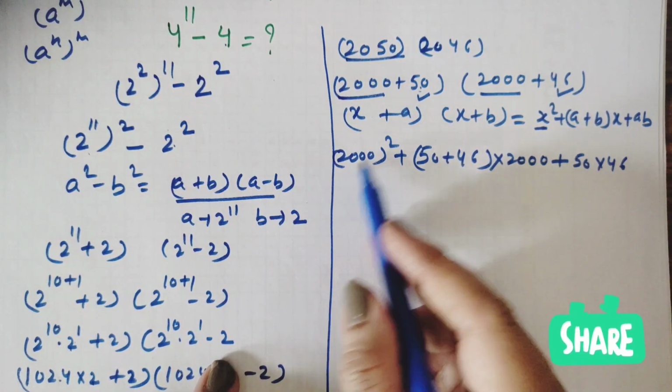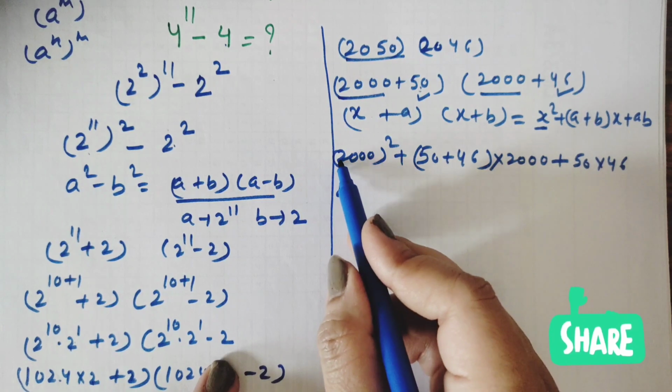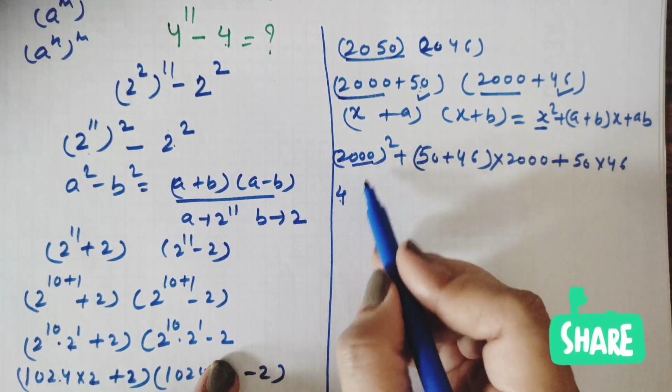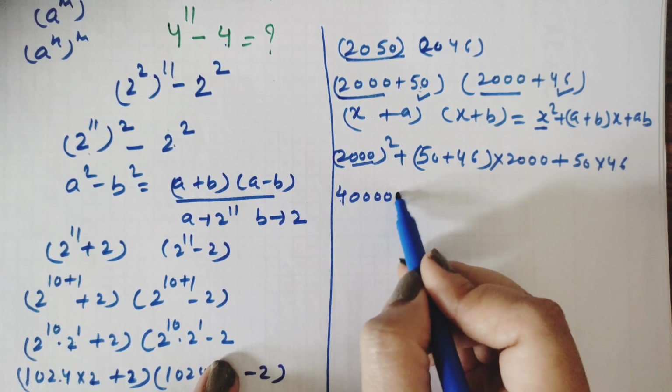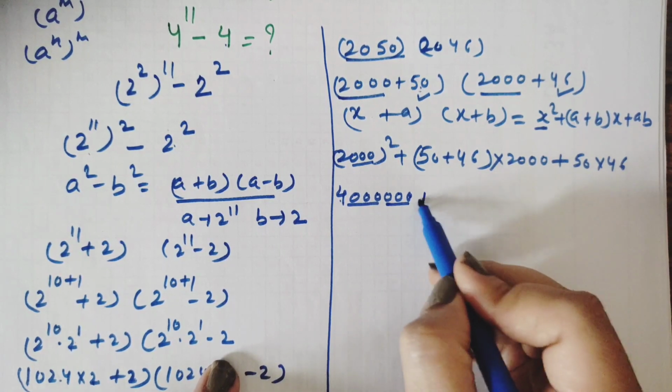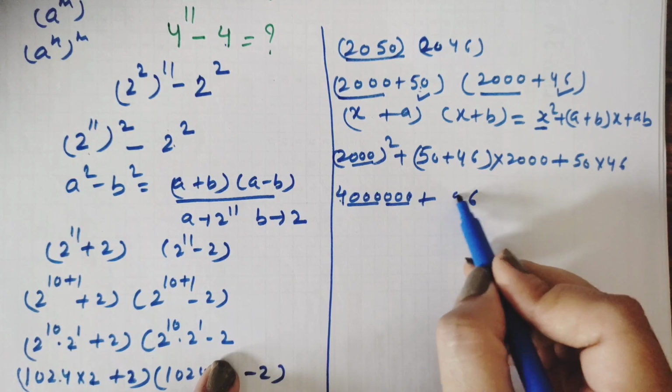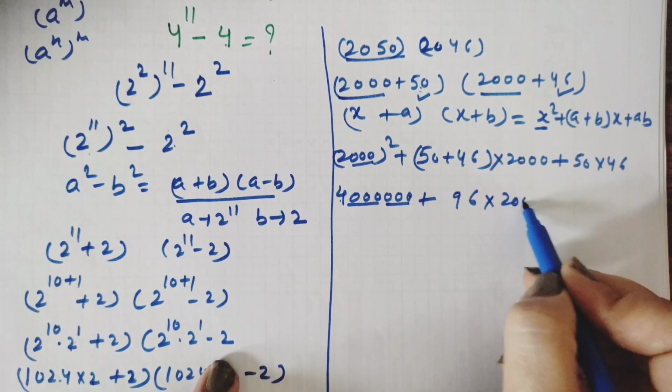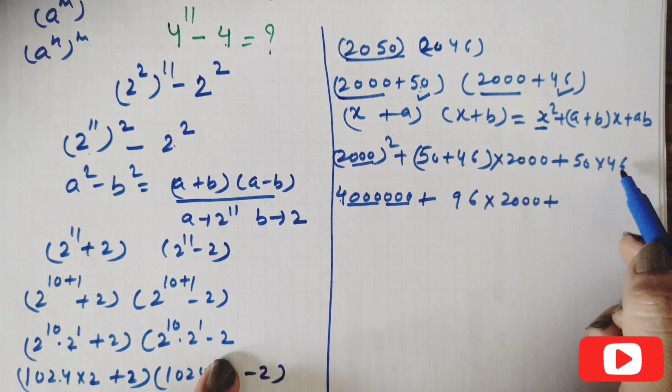Now 2000 square: 2 square is 4, and 3 zeros squared is converted into 6 zeros. Now 50 plus 46 is 96, into 2000, plus 50 into 46.